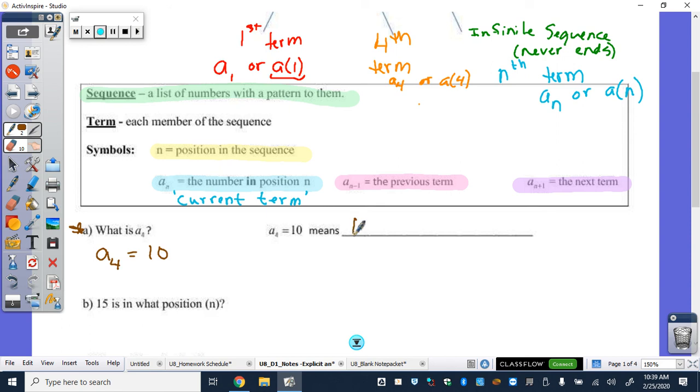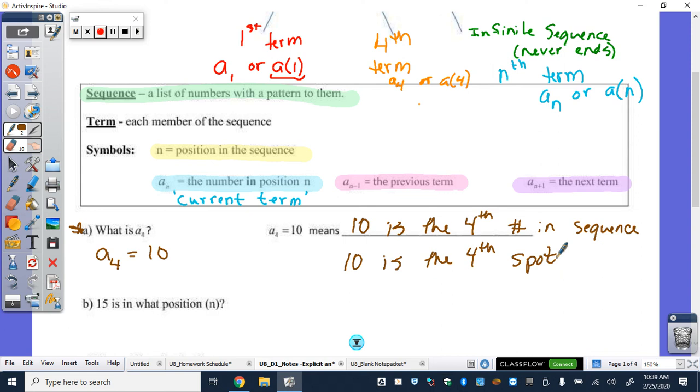So this means 10 is the 4th number in the sequence, or 10 is in the 4th spot. Whatever way you want to refer to it, it means the same thing. 10 is that 4th term in our sequence.